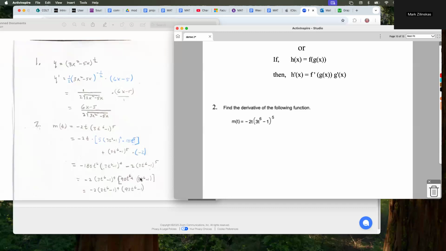So now I just have this expression right here multiplied by this expression. Now notice if I distribute a 1, I'm still going to get this, 3t to the 6 minus 1. I have like terms here, so I take 90 of these t to the 6 plus another 3, and I get 93t to the 6 minus 1.